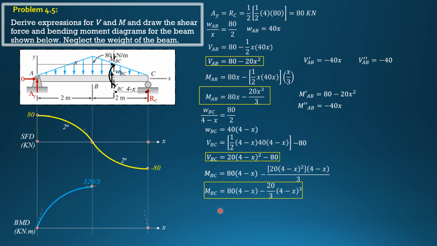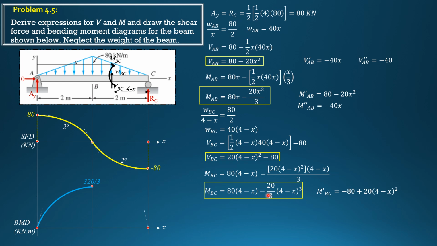But based on the concavity, we differentiate moment BC twice. So M prime BC is negative 80 plus 20 times (4 minus x) squared.